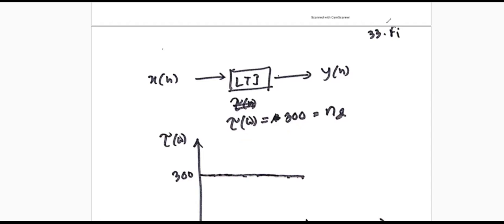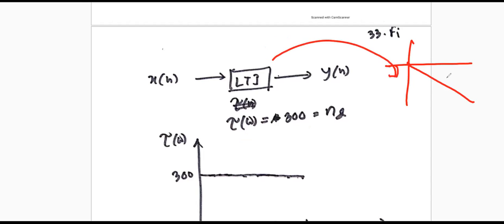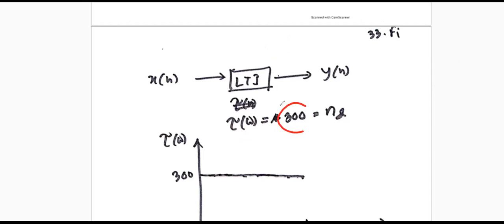That means this is actually an FIR filter. The group delay is constant, which means it is an FIR filter, and for that we got a linear phase response. The rate of change is 300. This rate of change is for all the frequencies.